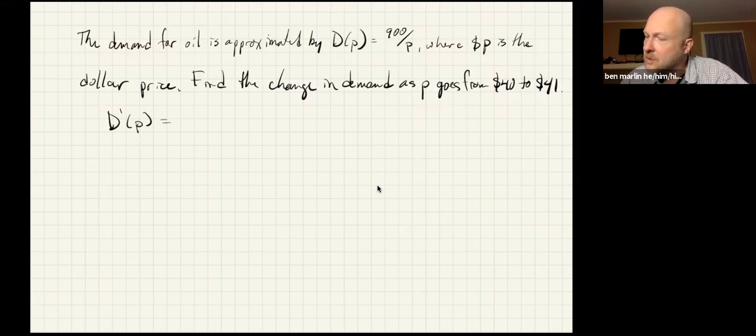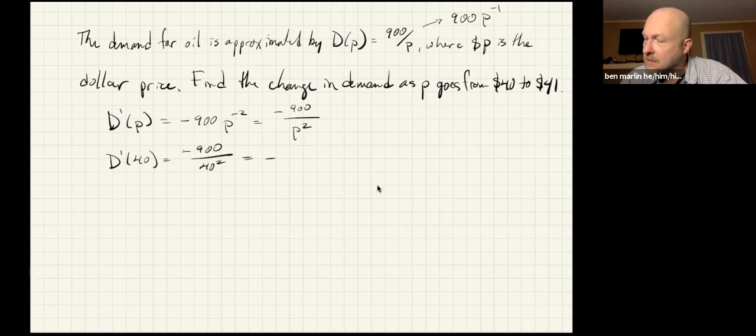And so if you think about that as being 900 P to the minus 1, that makes this a little bit easier to deal with, because then you get minus 900 P to the minus second, or equivalently minus 900 divided by P squared. So D prime of 40 is going to be minus 900 divided by 40 squared.